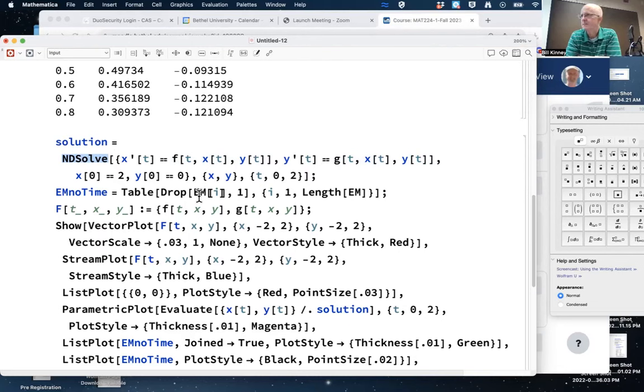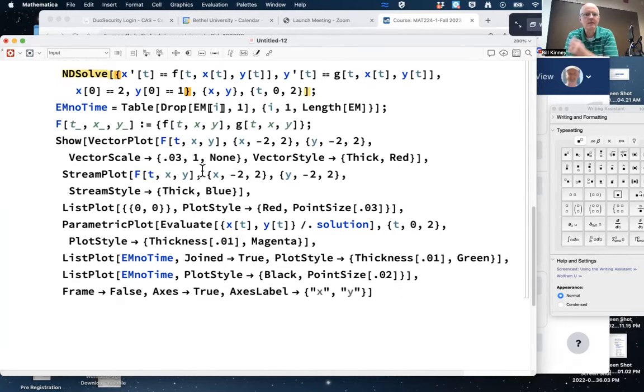It'll work for linear systems too, so I'll go ahead and keep it as is. Let's change this initial condition to 1. This is going to approximate the solution of this initial value problem, t going between 0 and 2. That's what NDSolve does. You don't have to worry about how it works. I will tell you it's more accurate than Euler's method is.